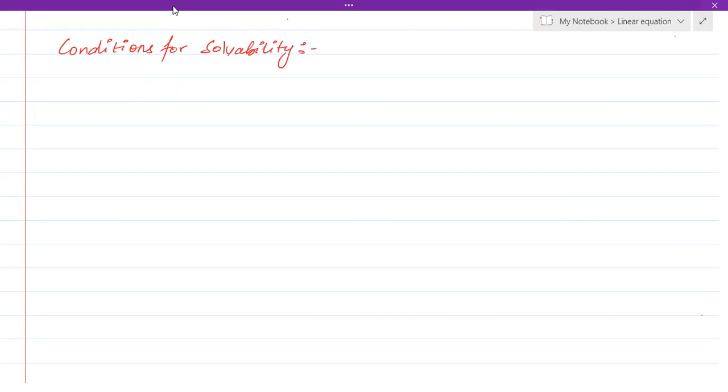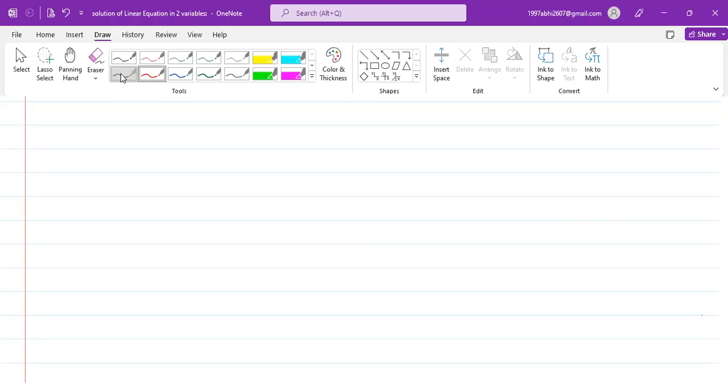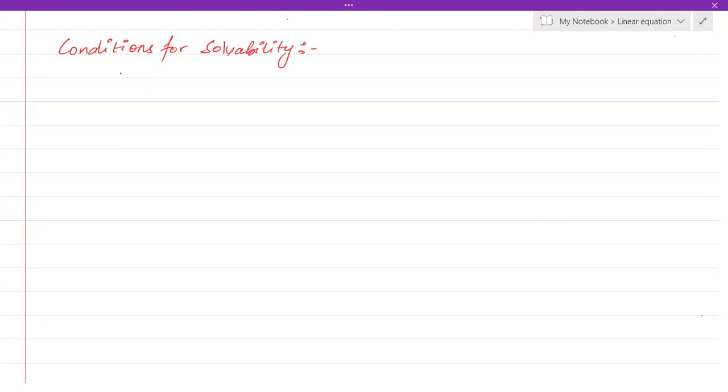Now let's write the general form of the pair of linear equations. What is the general form? a1x plus b1y plus c1 is equal to 0. Similarly, for the second one, a2x plus b2y plus c2 is equal to 0.